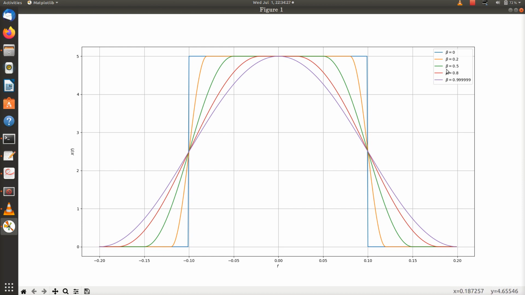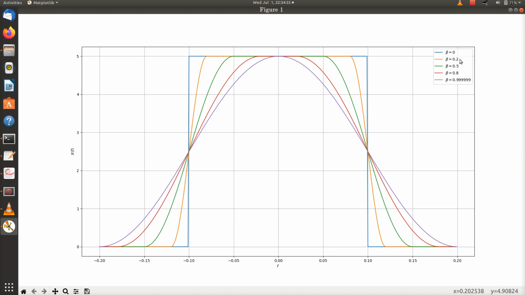Now as beta increases, say beta equal to 0.2, that is the red curve here, you can see the roll off changing, and it passes exactly through the middle, that is 2.5, and this top value must be 5, that is T, which I assumed to be 5. So at 2.5, all these curves should be going through this point. All these curves should be intersecting at this point.